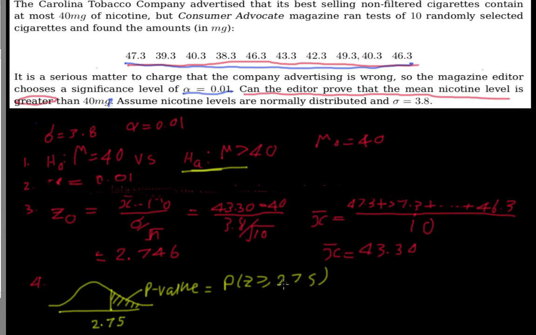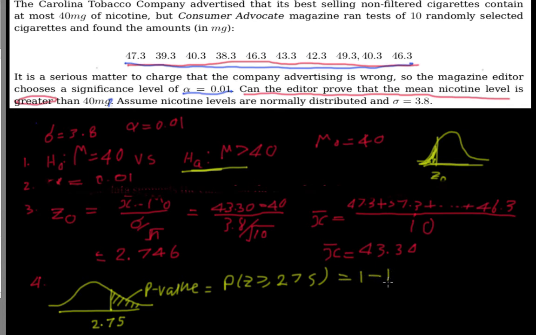So p-value equal probability z greater than or equal 2.75. Actually, we use the z table. If you check the graph at the top of the table, it gives the area from the left corner. Therefore, we cannot use the table directly for this.